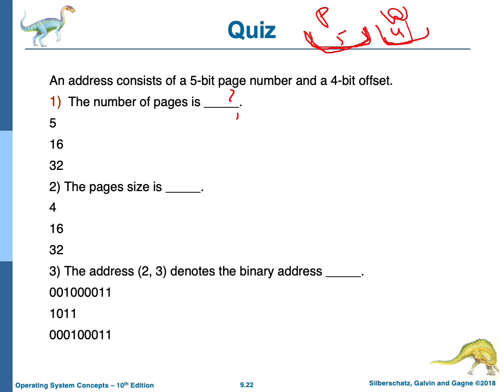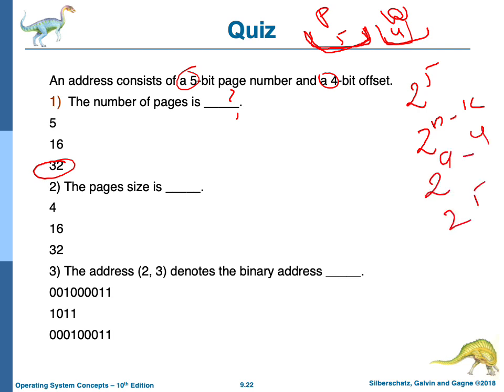So if we have 5 bits for the page number, then we're going to have 2 to 5 pages, which is 32. You can also again think of it as 2 to n minus k. So the n here is 5 plus 4, so 2 to 9 minus 4, which is 2 to 5. The page size now is what? Again, what defines the page size is the offset itself. So if we have 4 bits for the offset, then the page size will be 2 to 4, which is 16.